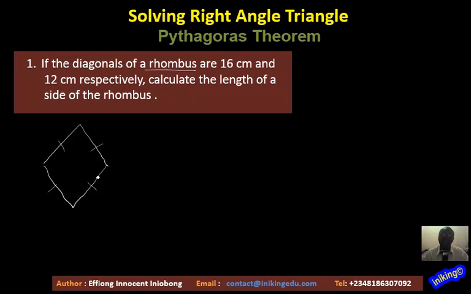As a matter of fact, a square is from the family of rhombus because a square has all the sides equal. Another thing again is the diagonals of the rhombus. If I take the diagonal that way and I take another diagonal this way, the diagonals bisect each other.